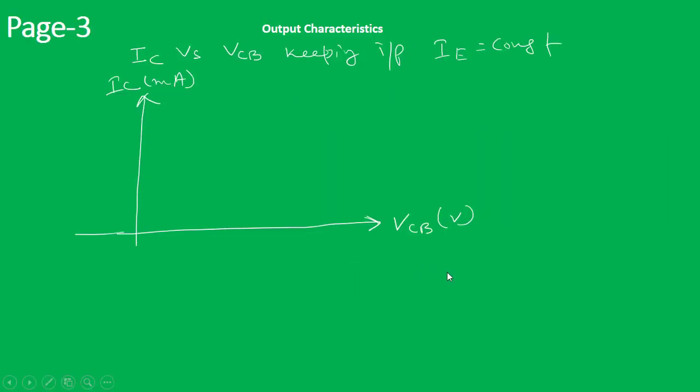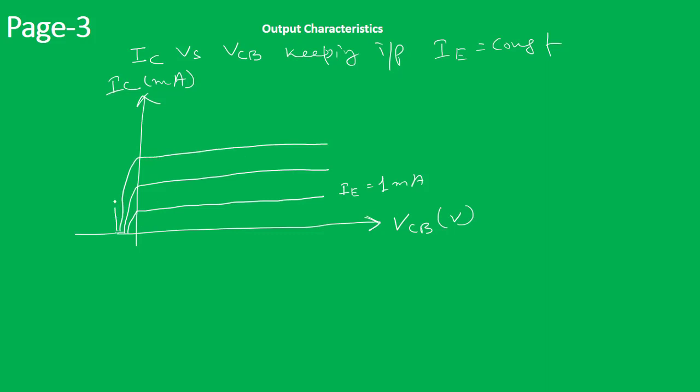Here if we plot it, we can see that for a very small value of IE, we'll get this kind of graph. Say IE here, for example, may be 1 milliampere. Now if we keep on increasing IE, then we'll get IC at equally higher values, and then it will be flat.